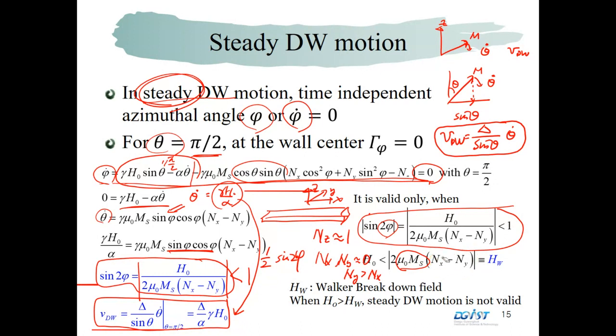Generally, HW is very small. So we can observe this steady domain motion only within a very small field region.